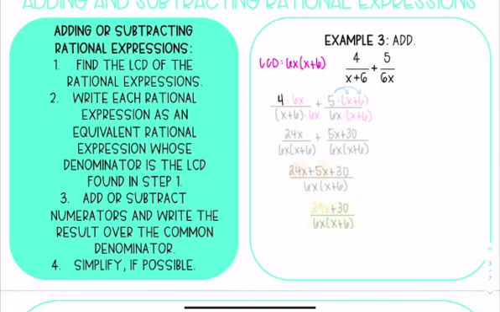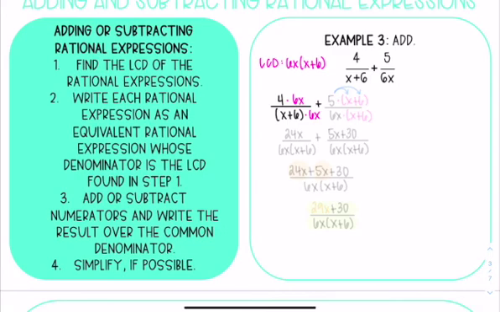So we're going to rewrite each piece of our addition problem here. We have 4 over x plus 6. And so what piece is missing from the denominator to make it look like the LCD? It's missing the 6x. Now what I do on the bottom, I have to do on the top.